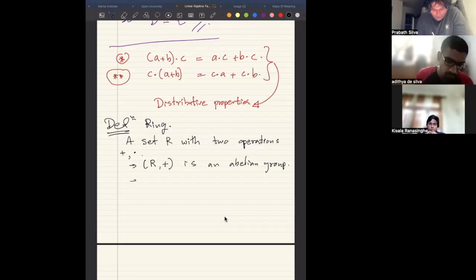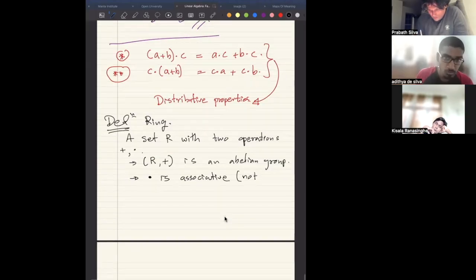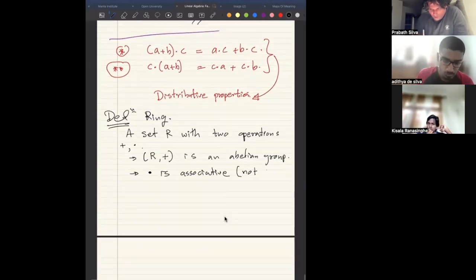And we want this multiplication to be associative, not necessarily with identity.